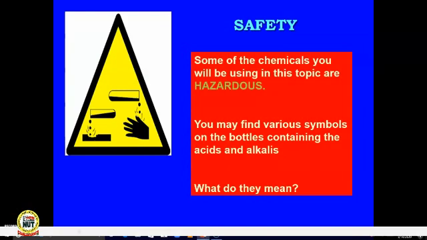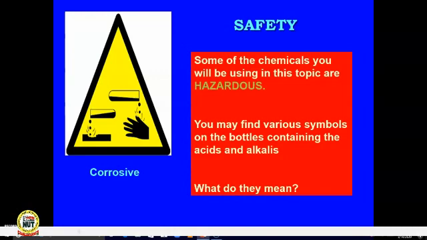You may find various symbols on the bottle containing the acid and alkalis. What do they mean? Now, let's start from this one on the left hand side of my screen. Basically, whenever you see this symbol, it means that particular chemical is corrosive. And when something is corrosive, it can actually burn. It can eat up either your skin, the wood, or iron, depending on what surface it is.